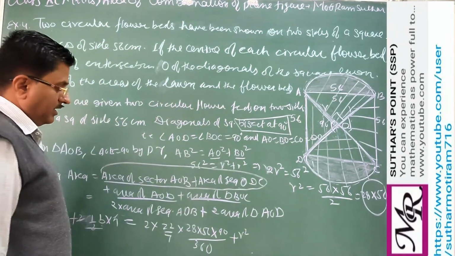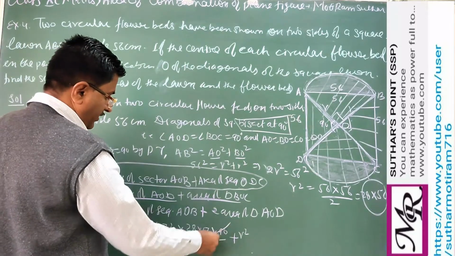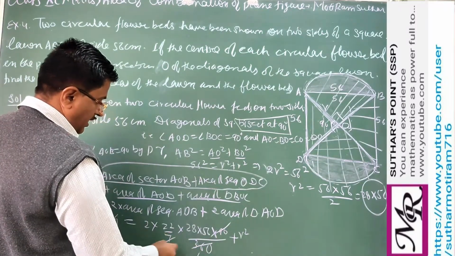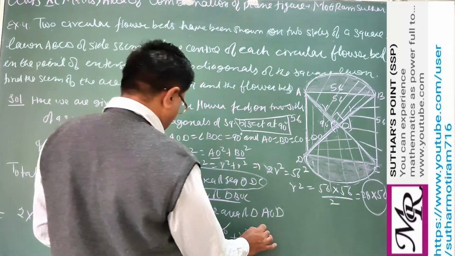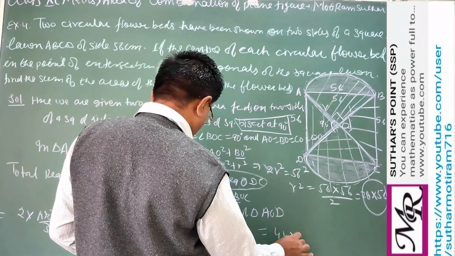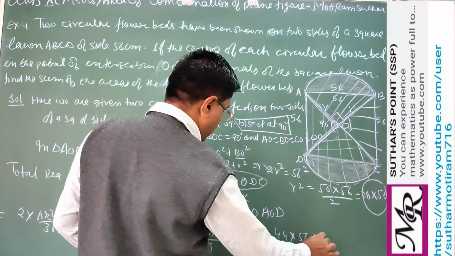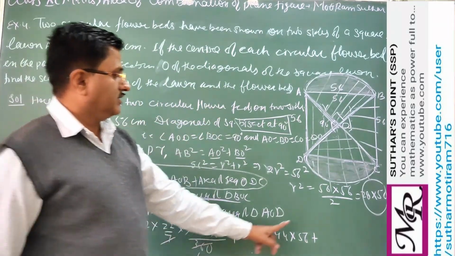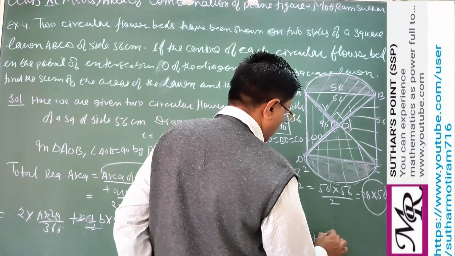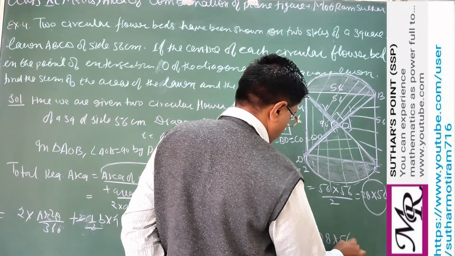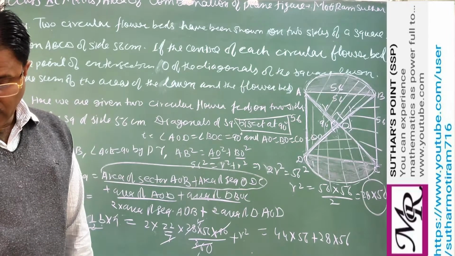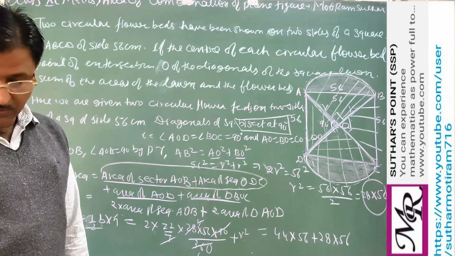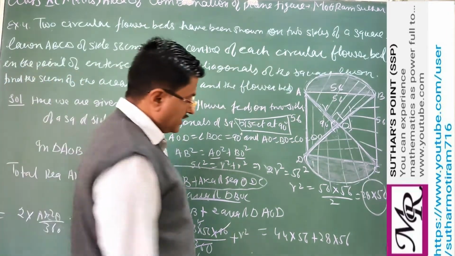Or you may put the value of R square. So 90 divided by 360 is 1 by 4, 7 divides 28 by 4, and 4 and 4 divide. So what we get? 44 into 56 plus R square. So what is R square? 28 into 56. Clear?